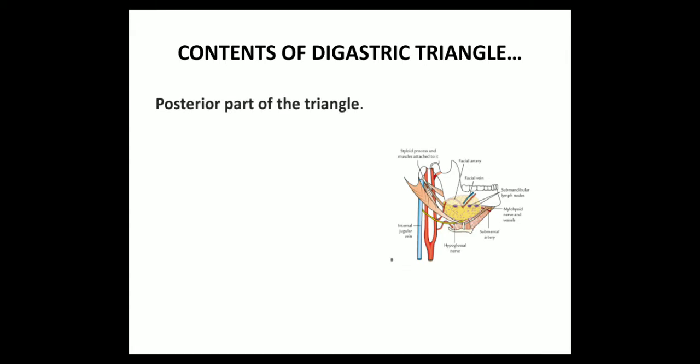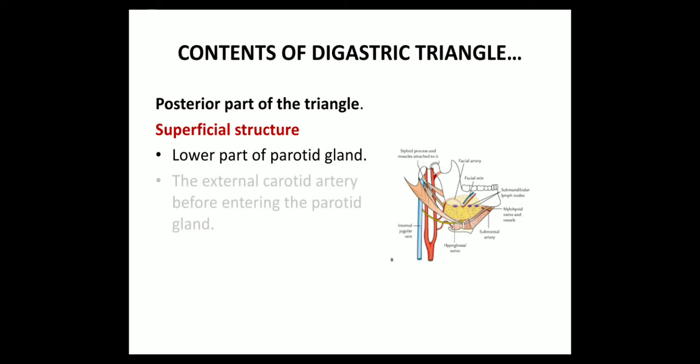The posterior part of the triangle is again subdivided into the superficial structures, deep structures and the deepest structures. The superficial structures include the lower part of the parotid gland and the external carotid artery before it enters the parotid gland.